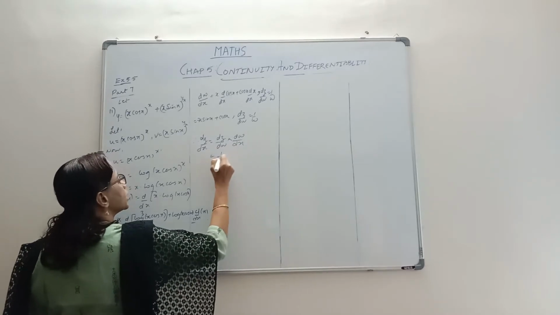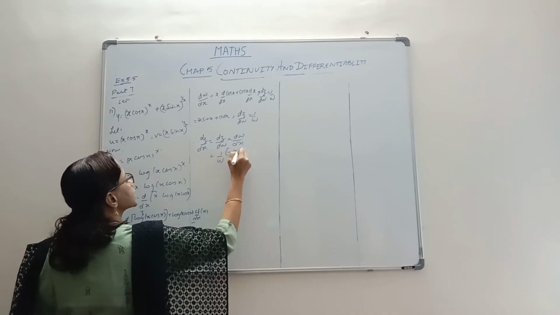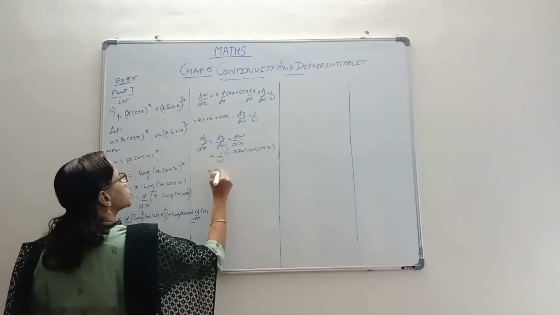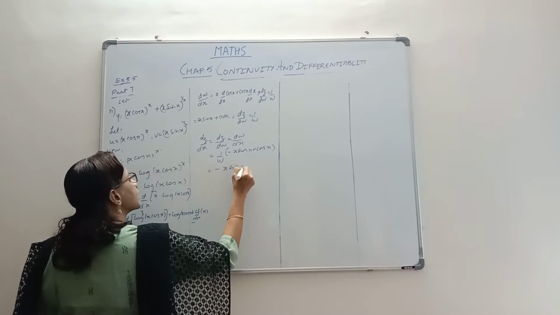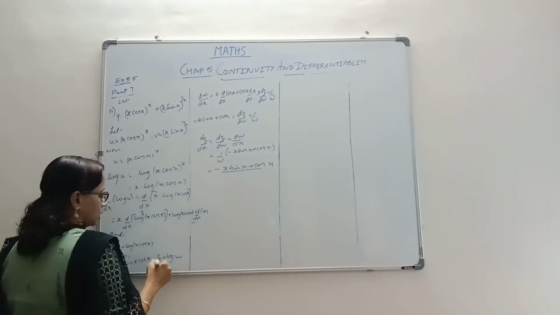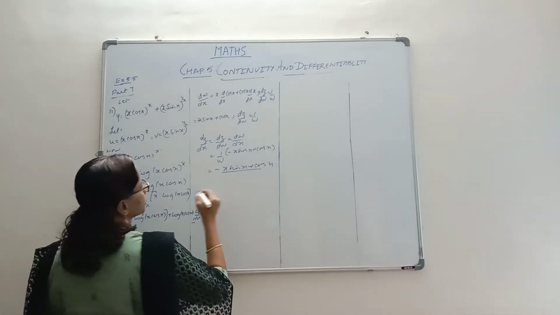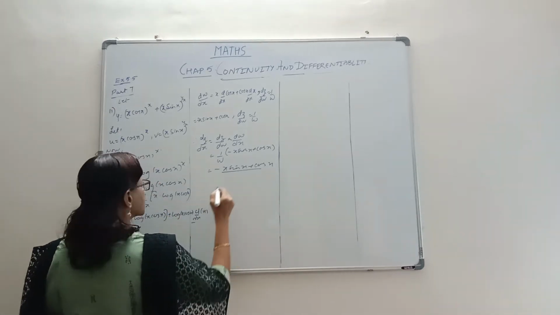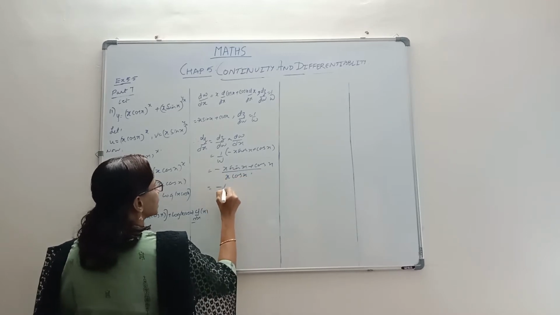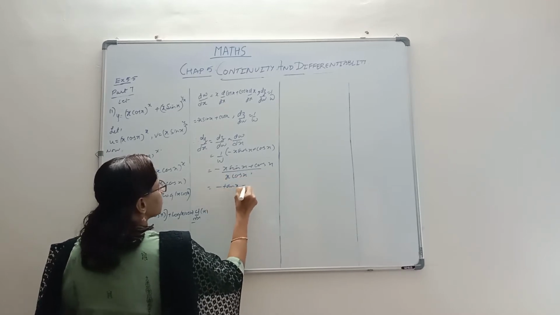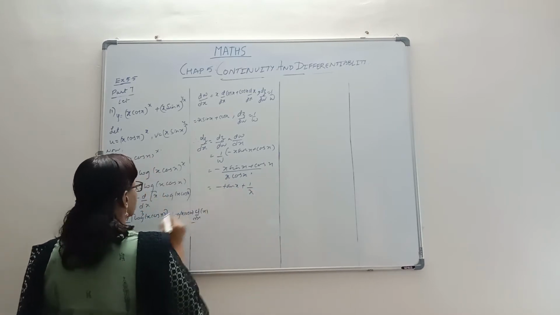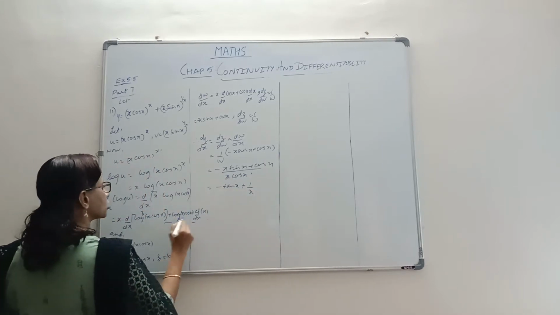So that is 1 by w times (minus x sin x plus cos x), or in other words it is (minus x sin x plus cos x) by w, where w is x cos x. So this will come to minus tan x plus 1 by x.